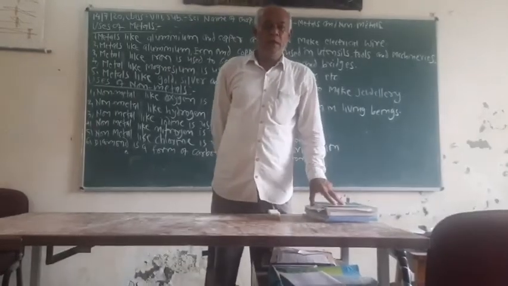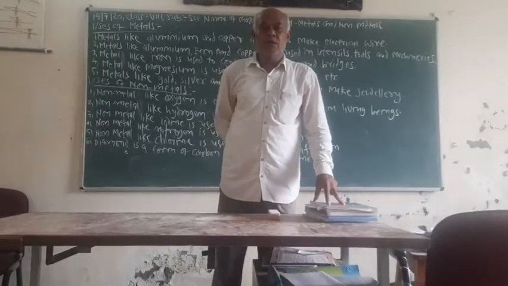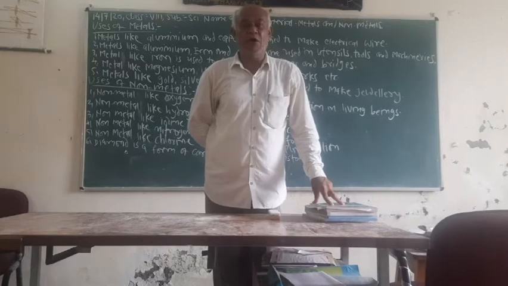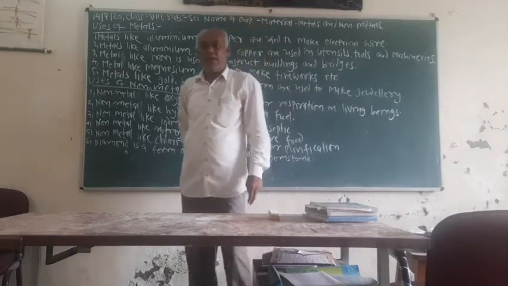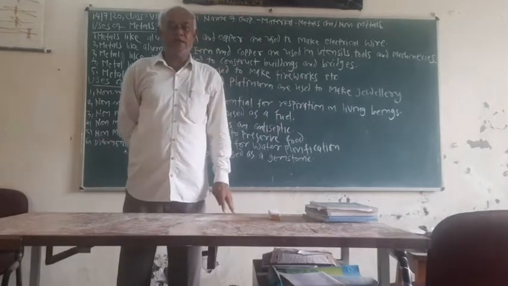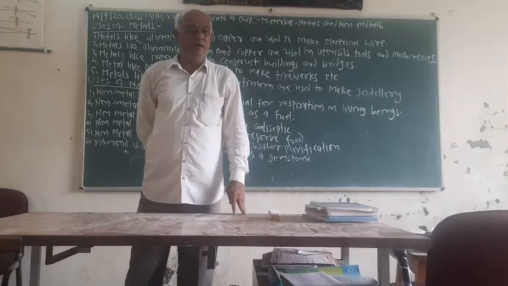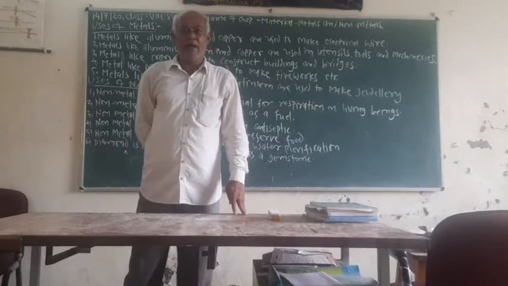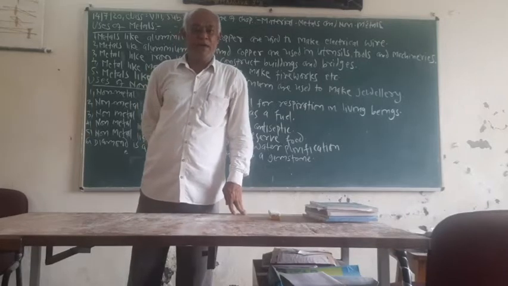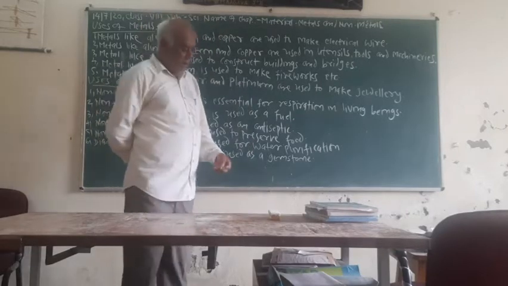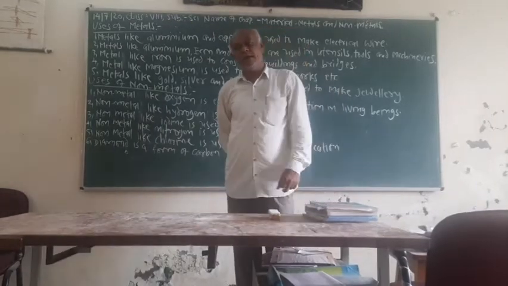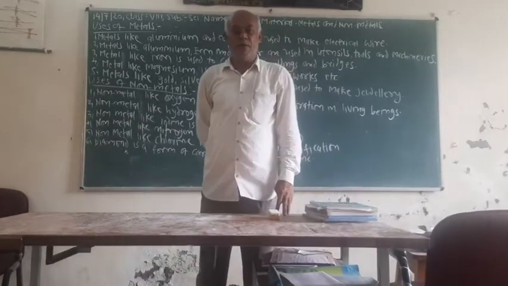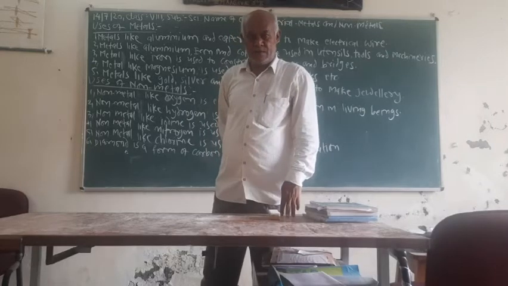We know the reactivity series of metals, arranged in increasing and decreasing order, like zinc, iron, magnesium, copper, etc. Now, the last topic of the chapter, that is uses of metal and non-metal.